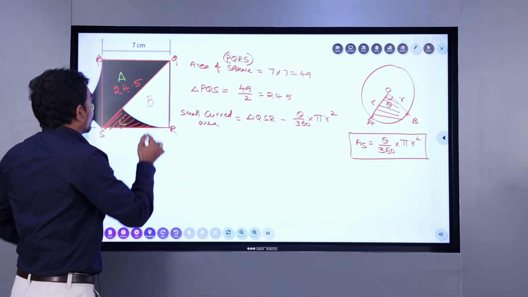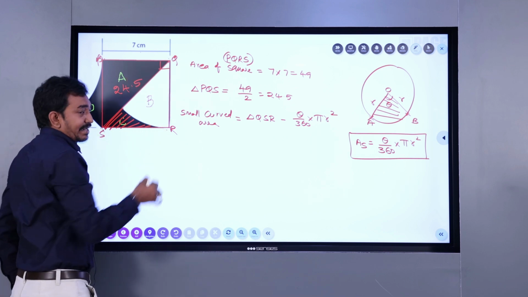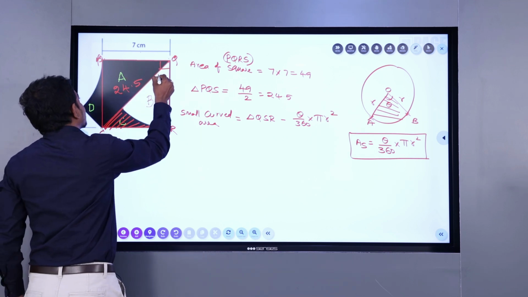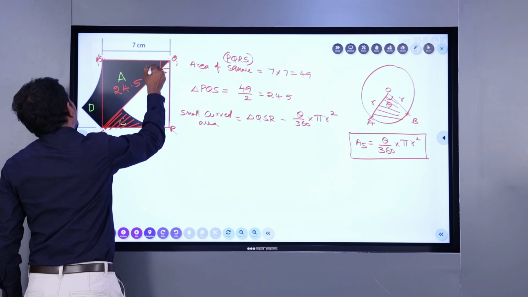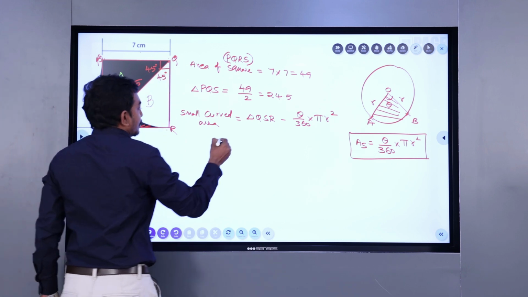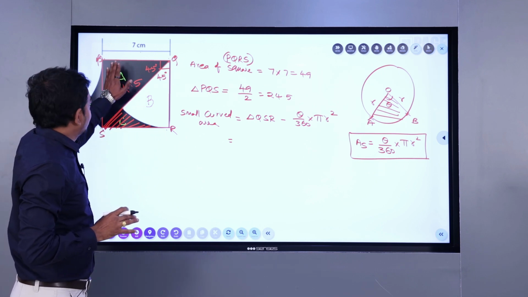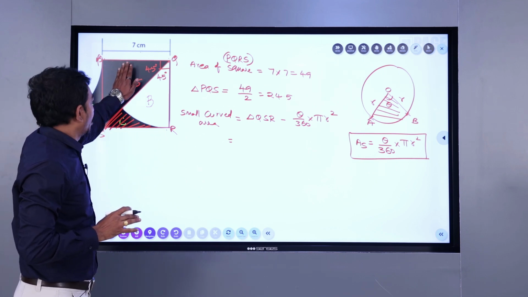As it is a square, this angle would be 90 degrees. The diagonal will divide it into two equal parts. Each of the angles would be 45 and 45. As we discussed, this square area is 49. The diagonal divides it into two parts of 24.5.